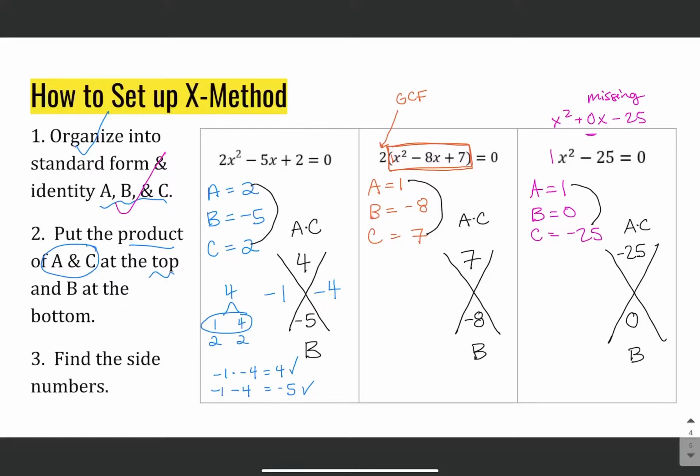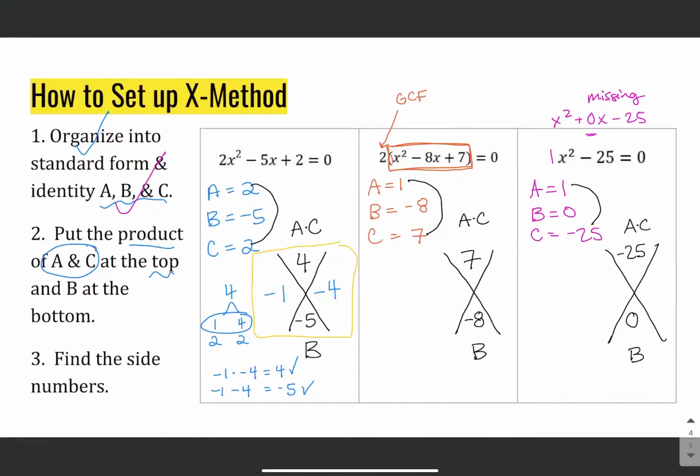So this is one of those situations where both of our side numbers are negative, because a negative times a negative is a positive. But if I were to combine two negative numbers, they are still negative numbers. Now, there's more for us to do in this process, but for now, this is done. Because again, we're just stopping at setting up X method. There's going to still be some more steps after this.